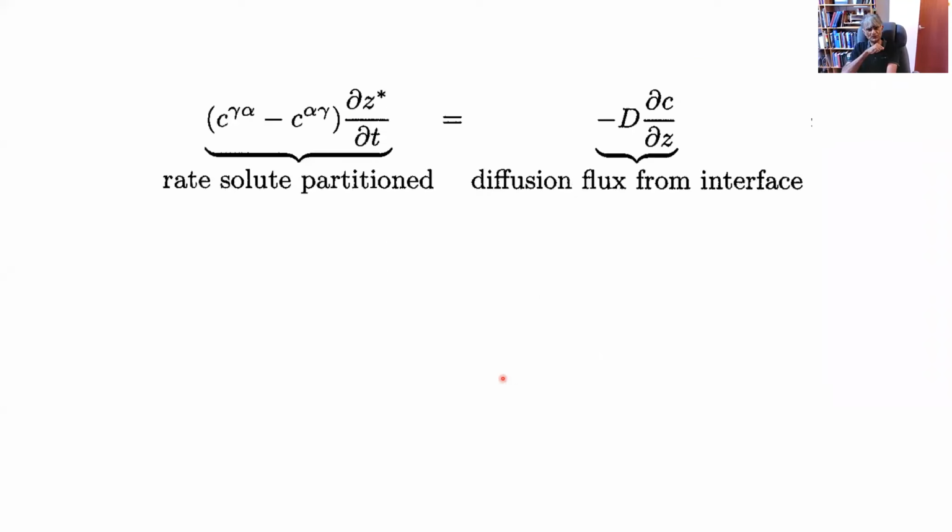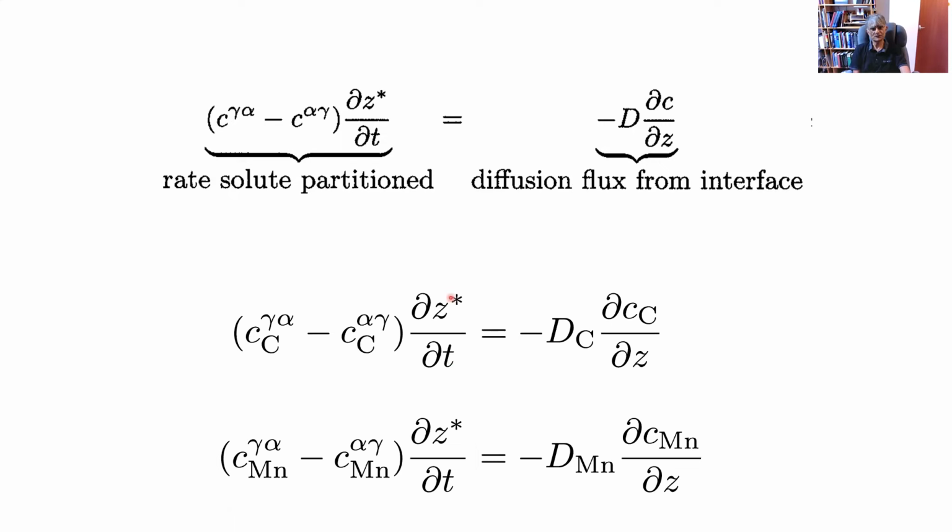So going back to this equation for the binary system where we balanced the rate of solute partitioning against the diffusion flux away from the interface. Of course, we now have 2 solutes, the manganese and the carbon. So we have a pair of equations for balancing at the interface.